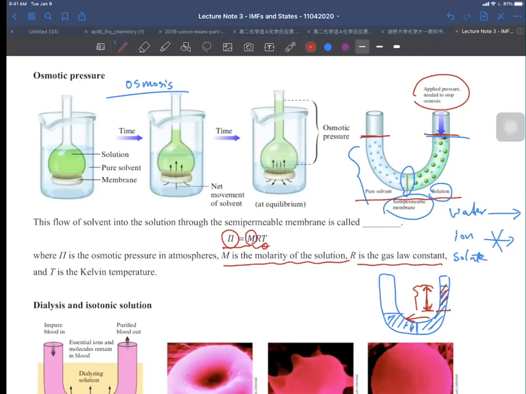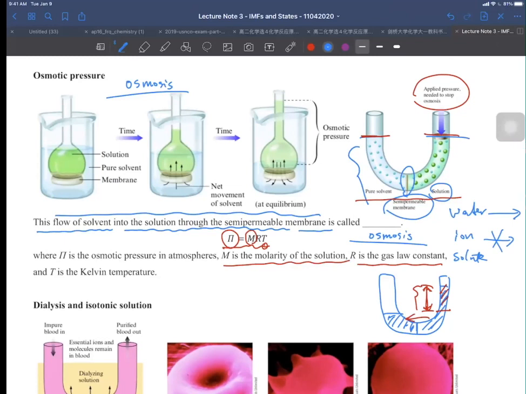Okay, so we can put it, the flow of solvent into the solution through the semi-permeable membrane is called osmosis. So I think now you can have a quick look at the diagram on the left side. It's quite similar. You have a solution in the flask.